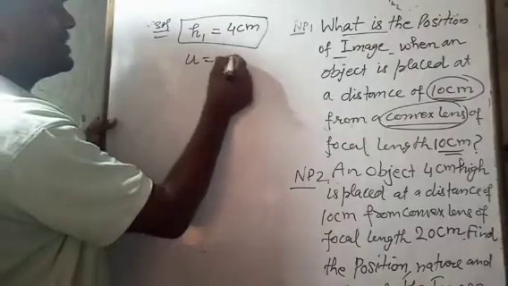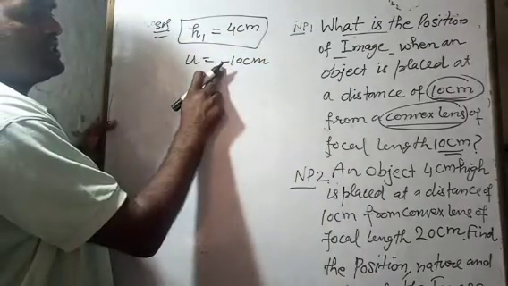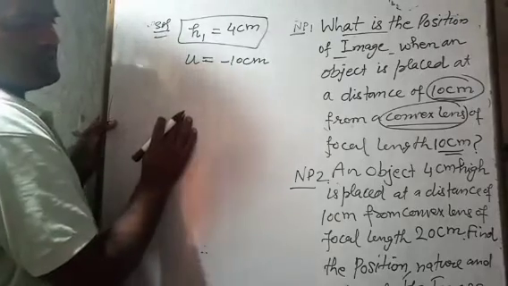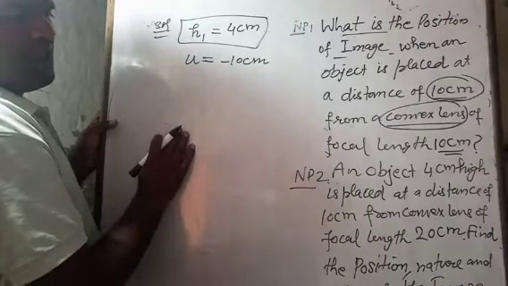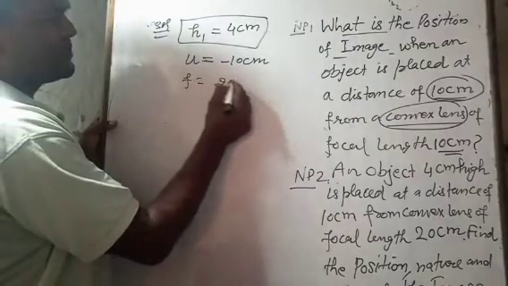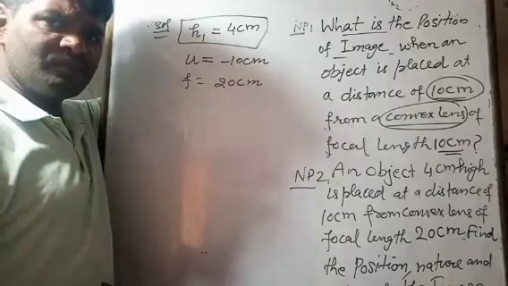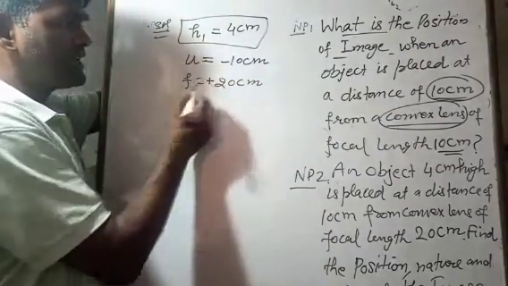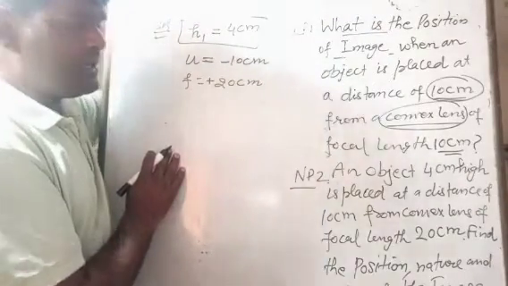Once again u is given. We have put a negative sign with that since it is kept in front of the convex lens. Okay, my dear student, so u is equal to minus 10. Focal length is also given. Focal length for the lens is 20 centimeter. What should it be, positive or negative? Yes, it should be positive because we are talking about a convex lens. So focal length for a convex lens is chosen to be positive.